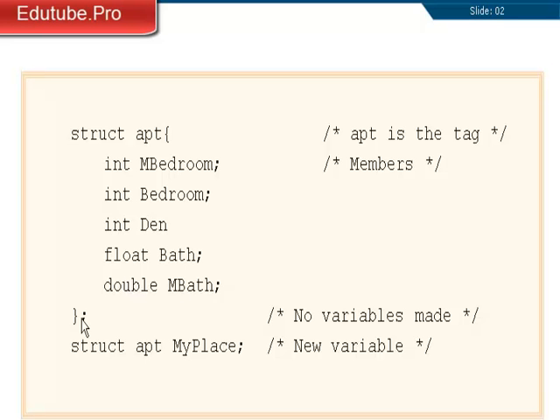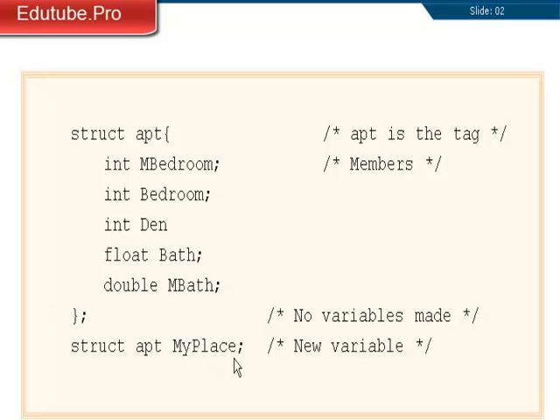Now look at this semicolon right here. That means that there have been no variables immediately made of this type of structure. If we had words in there like myPlace, we would be creating or defining a new variable immediately after creating the template, declaring the structure. In this case, we are not. This is just a structure declaration, so we have to have the name here, the tag, because we're going to use the tag in the next line. Struct APT says that we want to create a new structure.